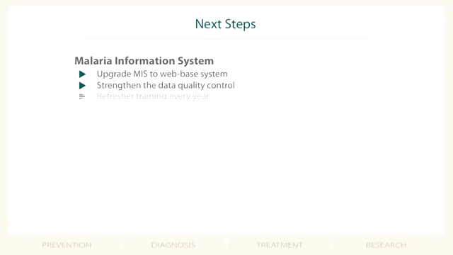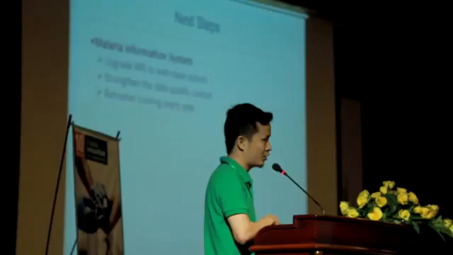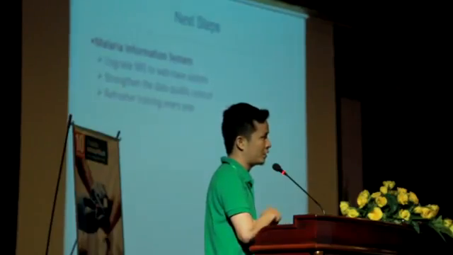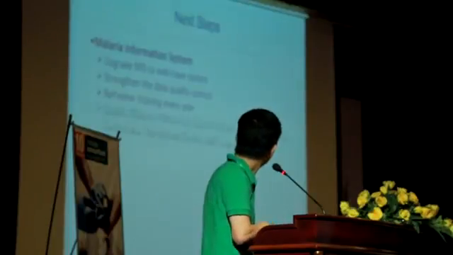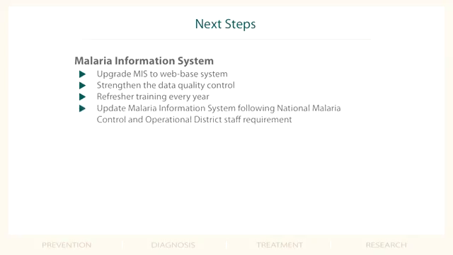And we will strengthen the data quality control with refresher training every year, and for this year we plan to train them in a workshop in May, and update malaria information following the requirements of the national malaria control program and operational district staff.